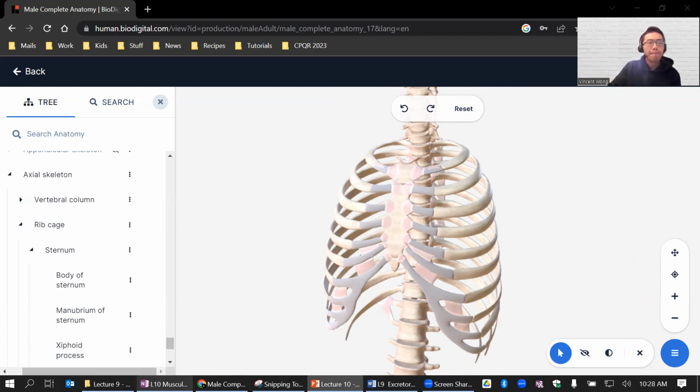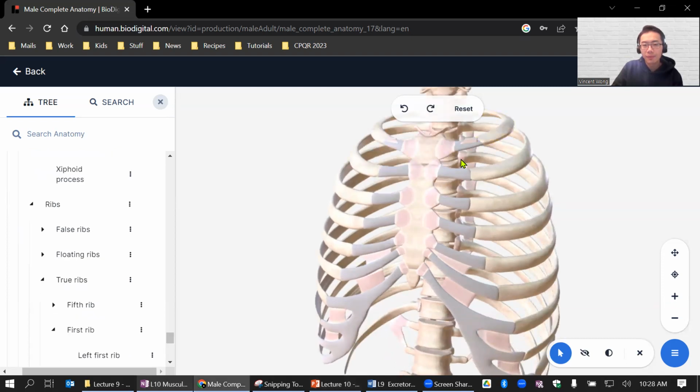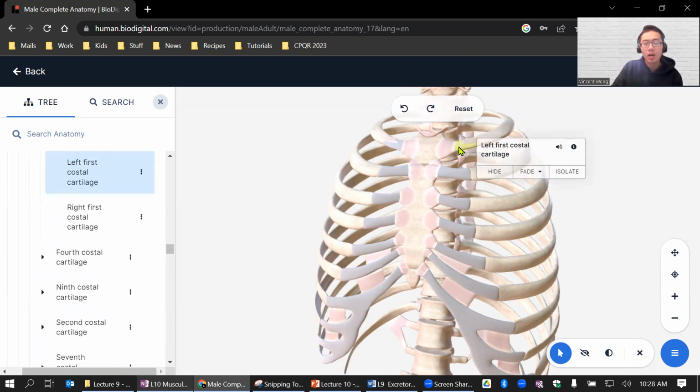So the ribs are separated into true ribs as well as false ribs. Number 1 to 7 are true ribs. What is a true rib? A true rib is a rib that connects to the sternum with its own cartilage. These are called costal cartilage.